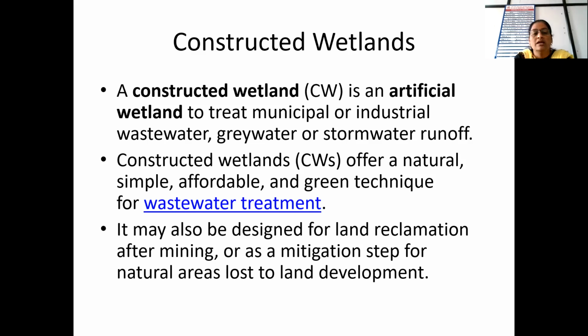Constructed wetlands offer a natural, simple, affordable and green technique for wastewater treatment.